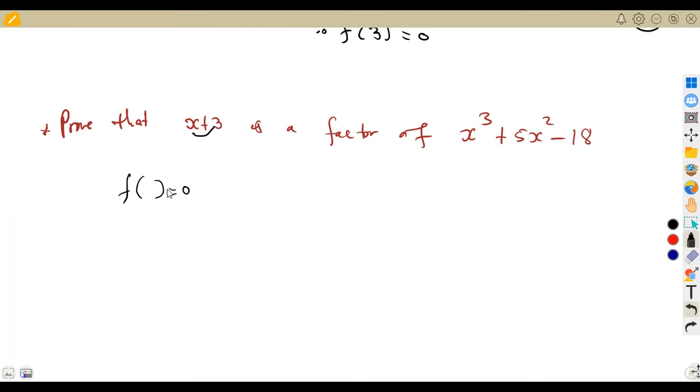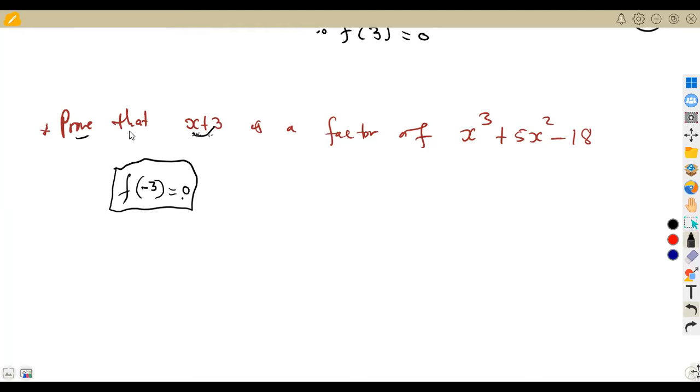It's going to be f of negative 3. So we are supposed to prove that f of minus 3 is zero, meaning therefore truly x plus 3 is the factor.